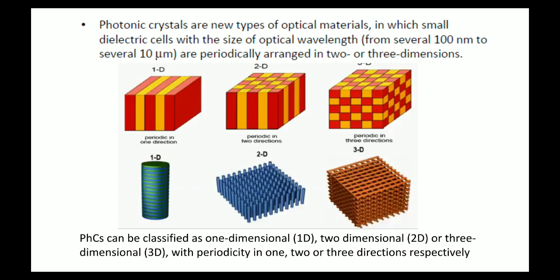In 2D you have rod-like structures, and each rod of glass is separated by a similar rod of air. In the three-dimensional structure you can see porous blocks as represented here. So photonic crystals can be classified as one-dimensional, two-dimensional, and three-dimensional.